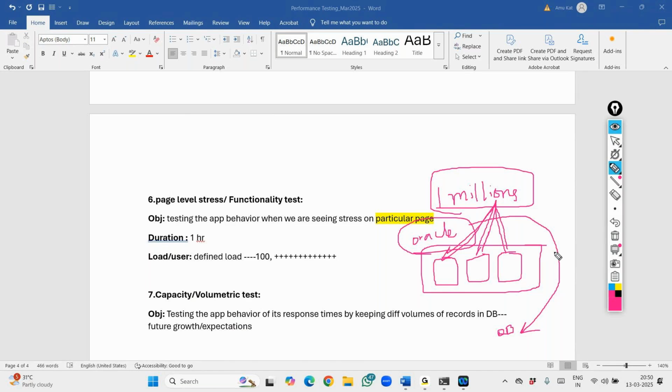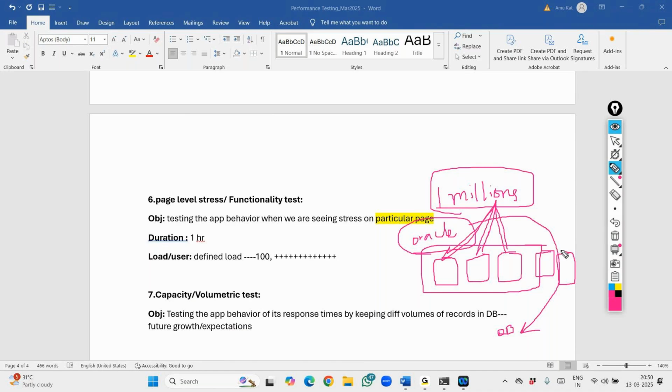And they will also be adding a few more DBs as per the future expectation. Suppose we are using Swiggy for the first time, and let's consider Swiggy was released only by the end of 2024. Whenever a product is released into production, very few people will be using that application.